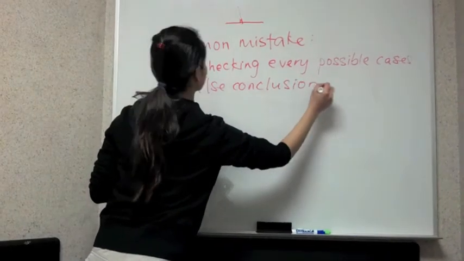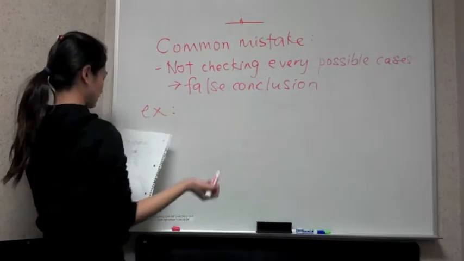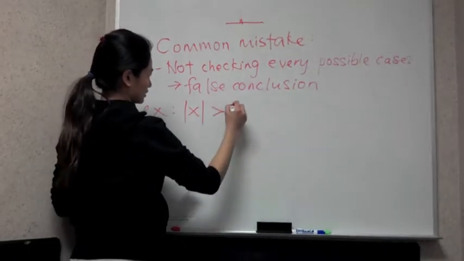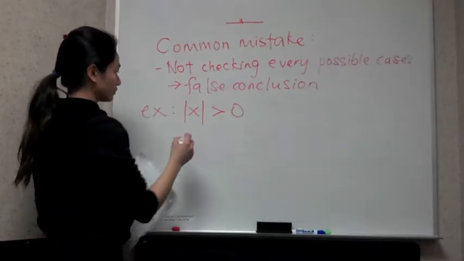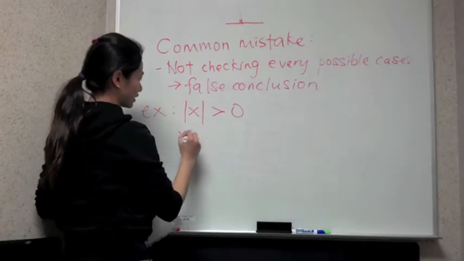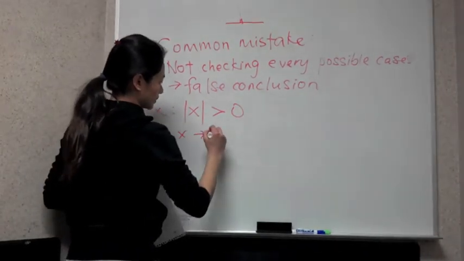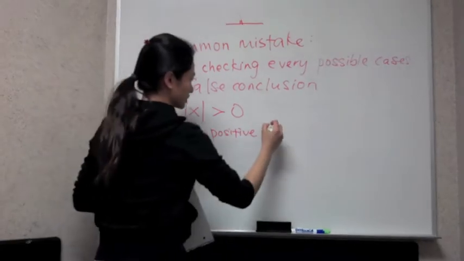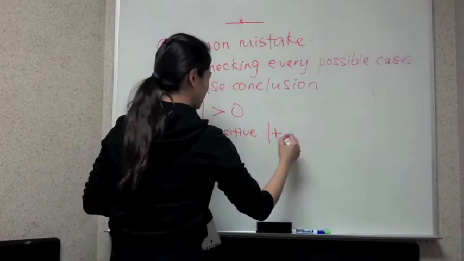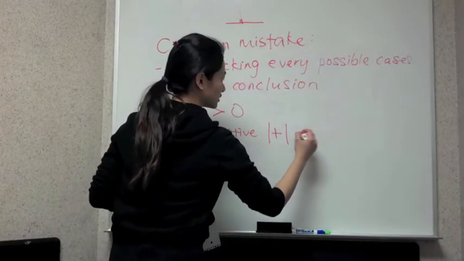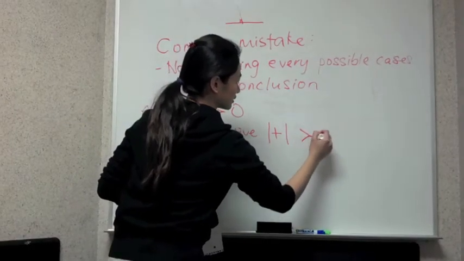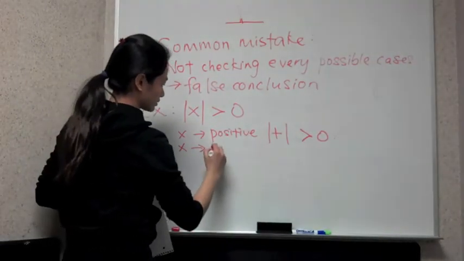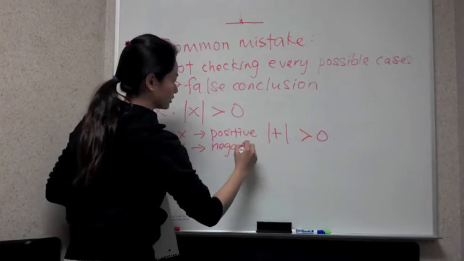One example here is the statement that the absolute value of x is greater than 0. We check the case where x is positive. When x is positive, the absolute value of a positive is a positive number. And we check the case where x is a negative number.